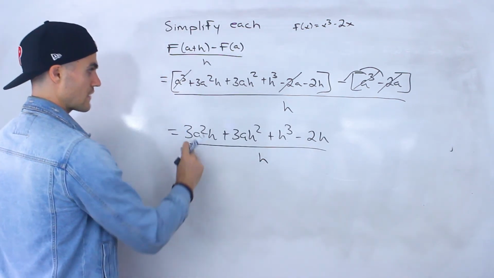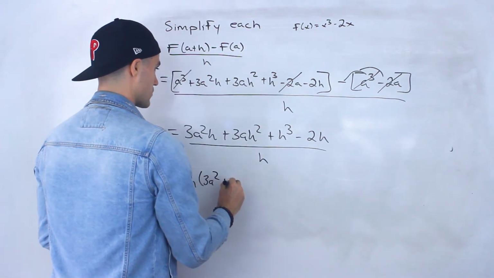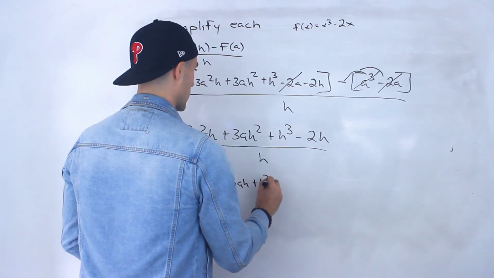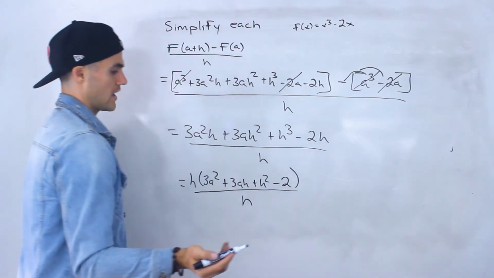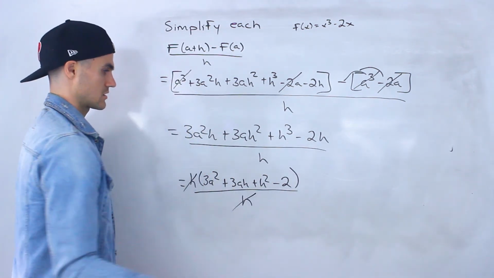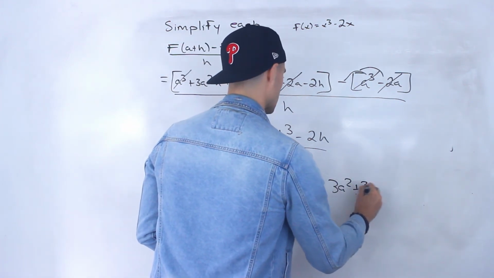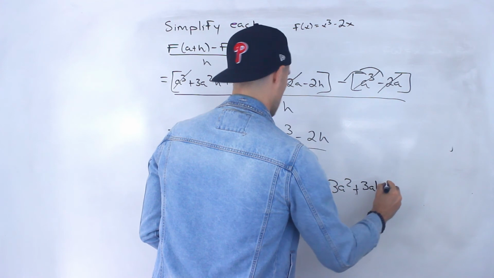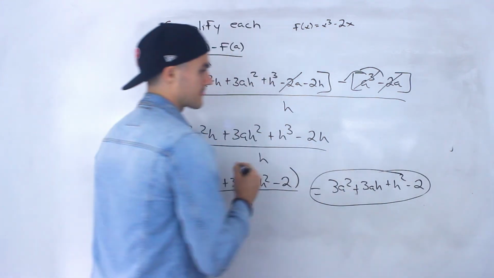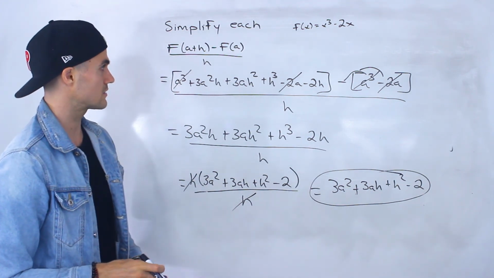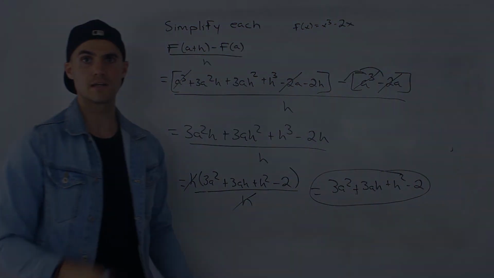And then notice we could factor out an h from all these. So we'll be left with 3a squared plus 3ah plus h squared minus 2, all over h. The h's cancel out, so we're finally left with this bracket, which cannot simplify any further. And so that there ends up being the simplified answer for this expression when f of x is x to the power 3 minus 2x.